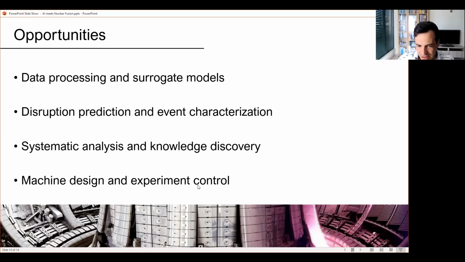I don't think this will happen in the near future, because I think what's really important in the area of nuclear fusion is that we use AI and machine learning to improve our understanding, rather than just leave the control to the algorithm, right? What I want to achieve, at least that has been my attitude in this work, is using these techniques to gain more knowledge, not necessarily to hand over control to some algorithm.